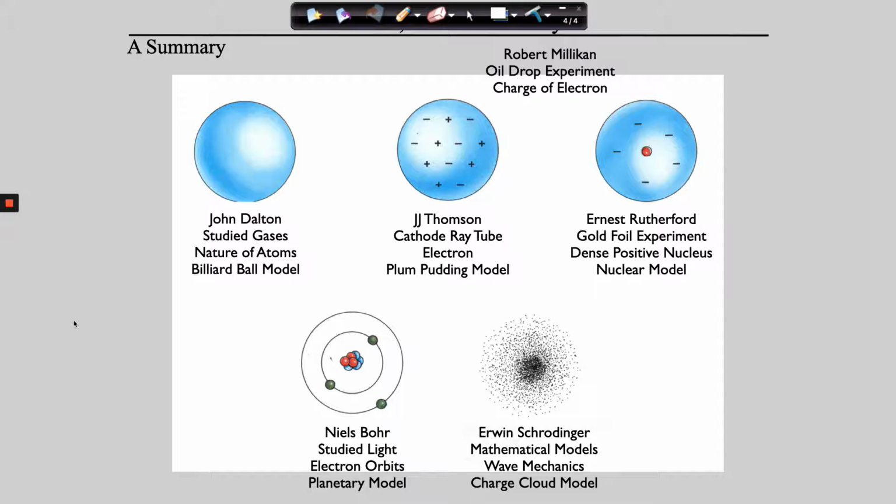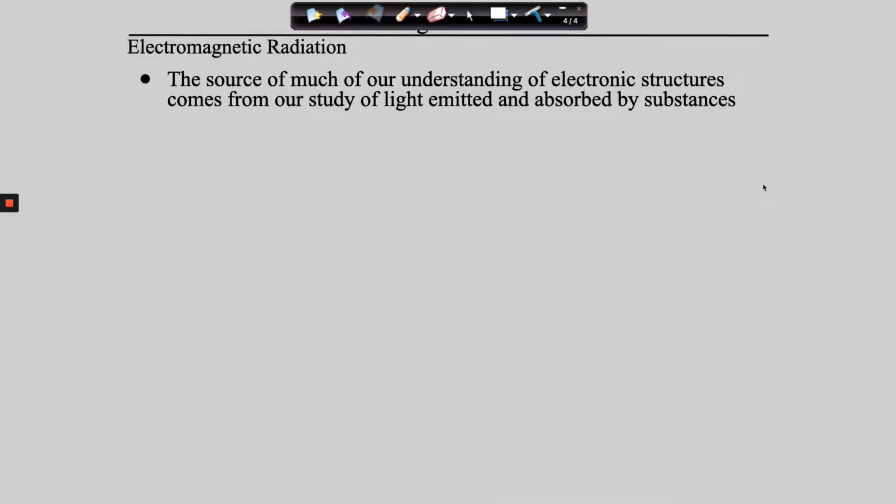Okay, so in order to get started, let's answer the question that we just posed generically. And if you don't understand the answer, guys, I'd encourage you to scratch this down. Why do we study light when we want to study electrons? The answer is that much of the information that we understand about electron structure comes from the study of light.